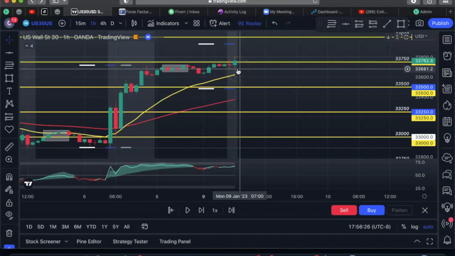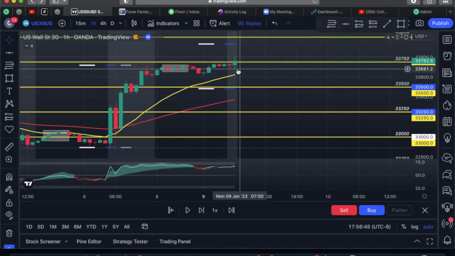It does this on the 15-minute chart too, I'll show you in a second, and on all the different time frames. Usually the markets will push down in the direction they don't actually intend to go, and then all of a sudden push in the direction they want to go. Let me show you the 15-minute chart in a second. It was crazy what happened today.